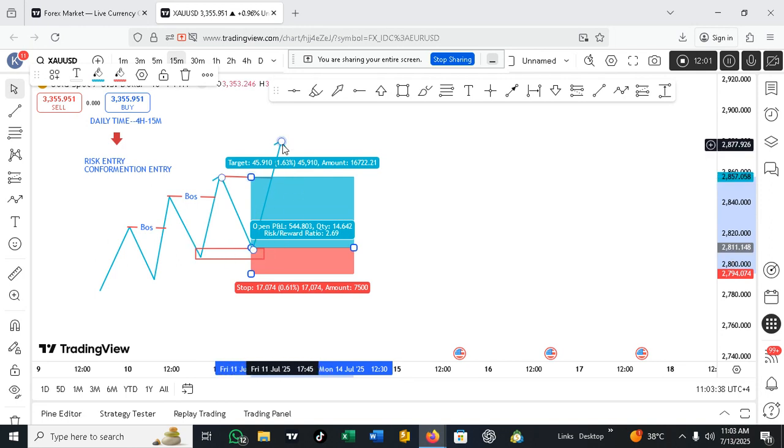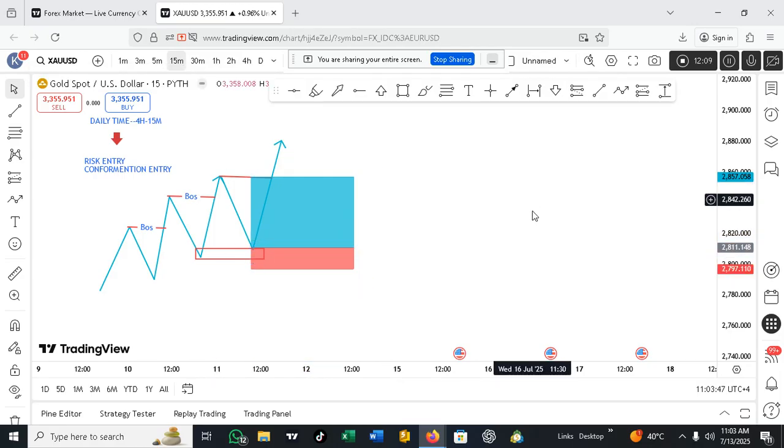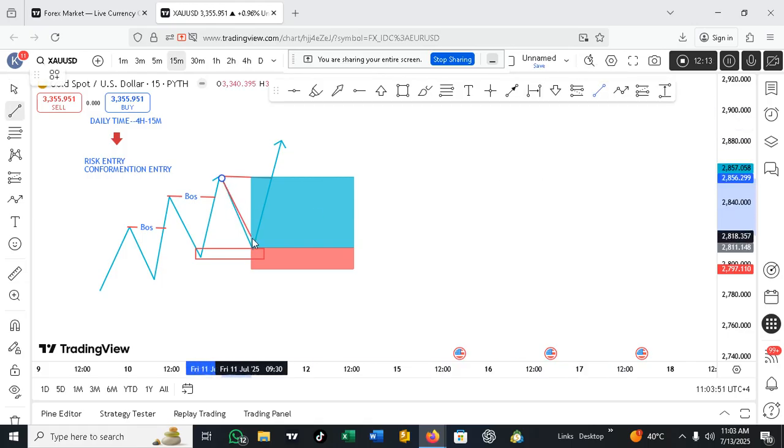The stop loss is below this market, below this lower high. Of course, the market will not come straight like this. When this is the 4 hour, the market, you see this one is like this.